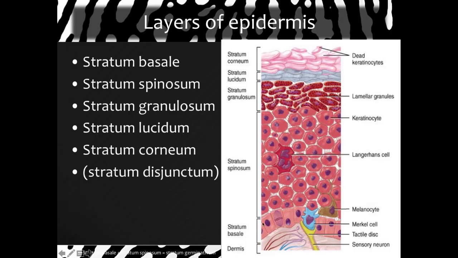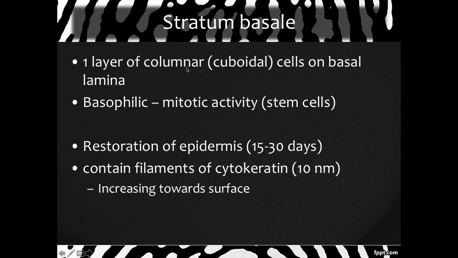These cells have numerous intercellular connections, which are represented by desmosomes between the adjacent cells and hemidesmosomes between the basal cells and the basal lamina. They are usually basophilic because of the high mitotic activity, as I mentioned already.